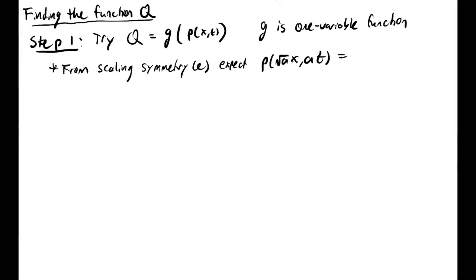The simplest way for this to happen is if p is invariant under this operation. So if plugging in square root of a times x and then a times t cancels out and I get the same value, right? So what I'm going to do is look for a function that has this property.